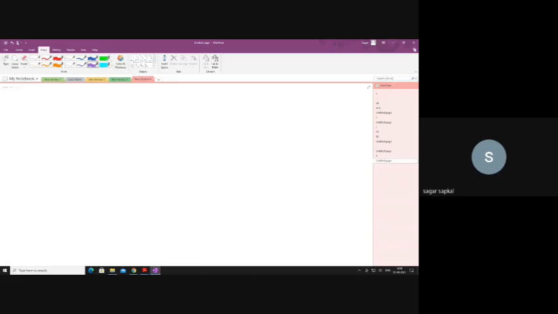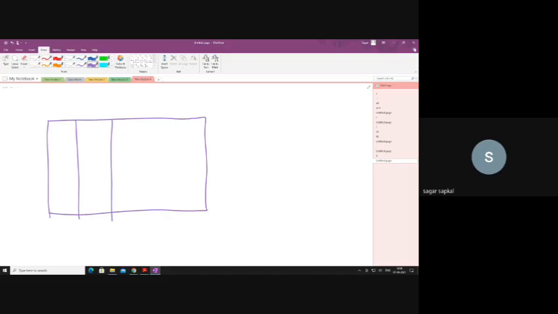Now tell me the values first. Three rows, 4 columns.